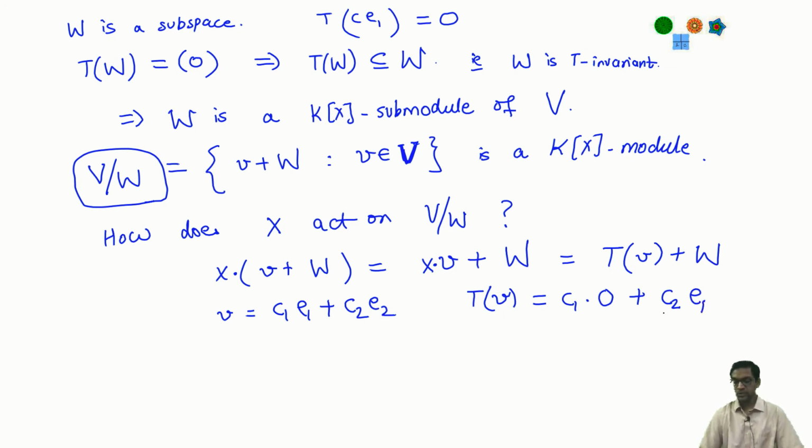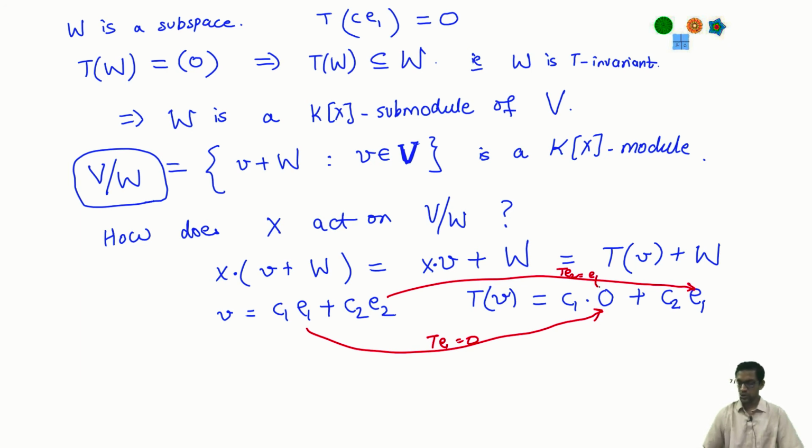I've used the definition of T here: T acting on E1 gives me 0, and T acting on E2 gives me E1. What that tells me is that the final answer is just c2 times E1. So when I apply T to v, I just get a multiple of E1.